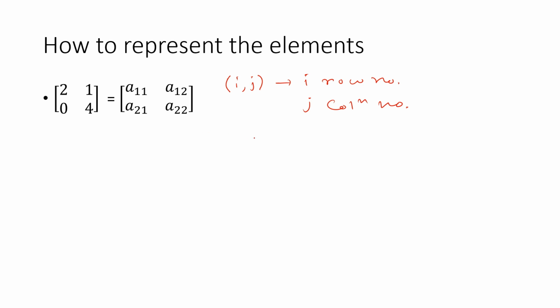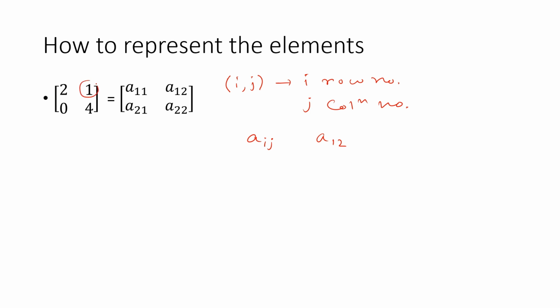Now we represent each element by aij. If we write a12, that means the element at the first row and second column. What is the first row? This is the first row. What is the second column? This is the second column. What is the element at the intersection of the first row and second column?